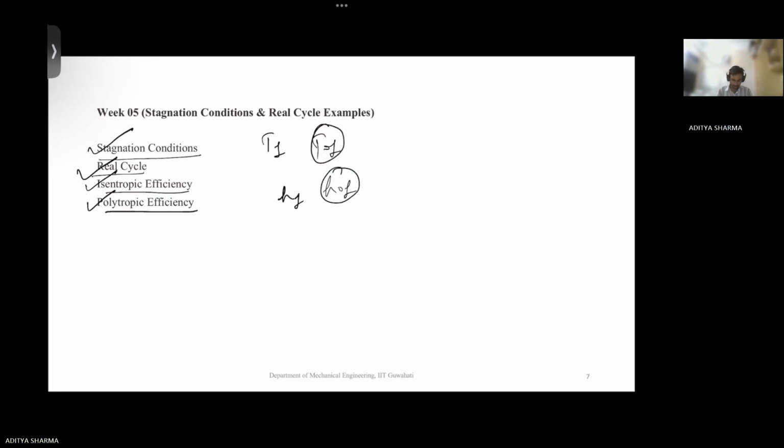Okay. Or through isentropic conditions we imagine, and then we try to have the ideal case and we compare it with the real case. But then if we want to have instantaneous efficiencies, okay, so for that case we use polytropic efficiency.